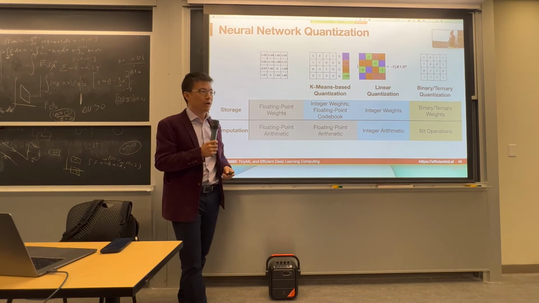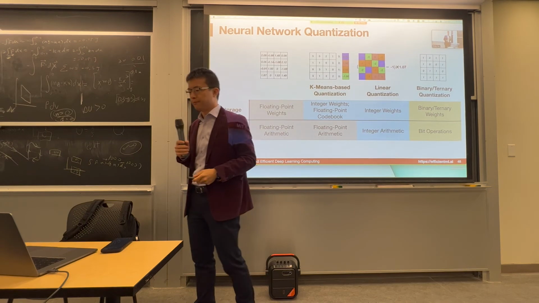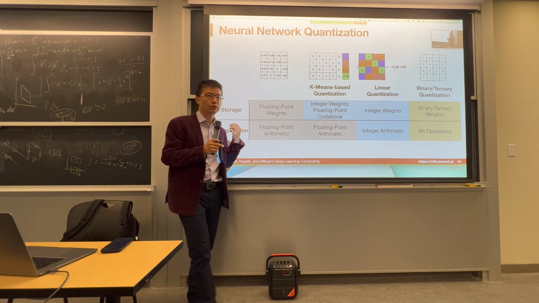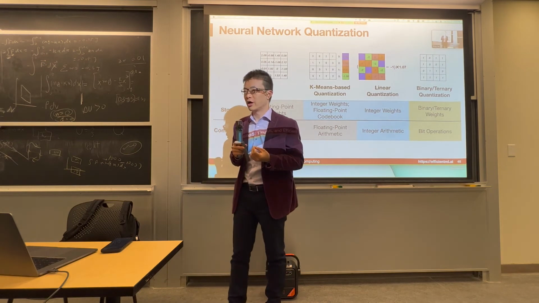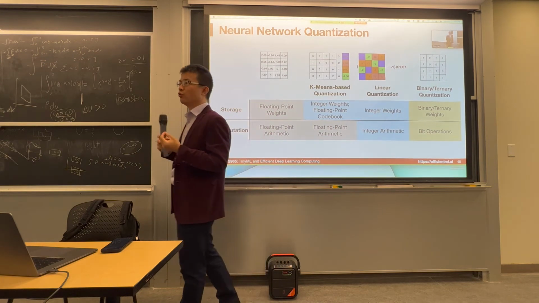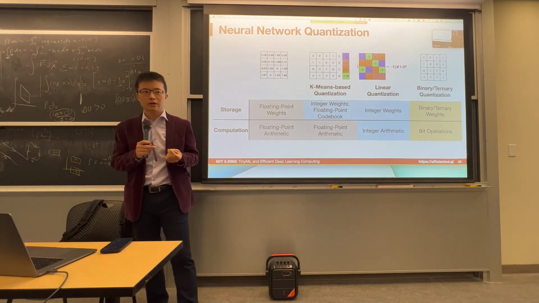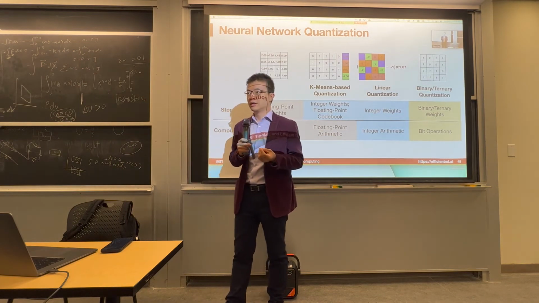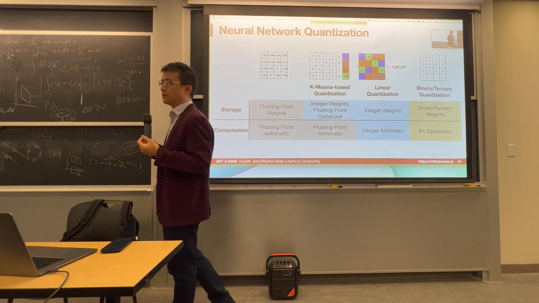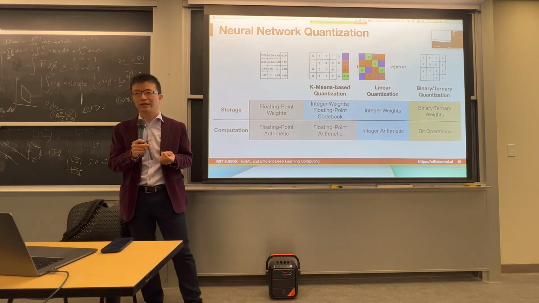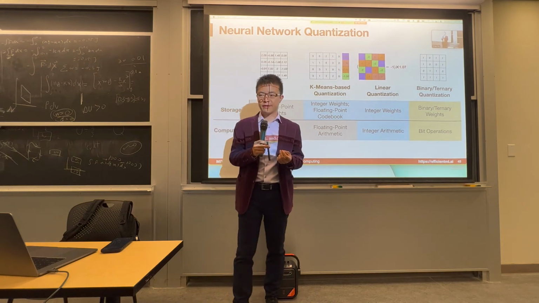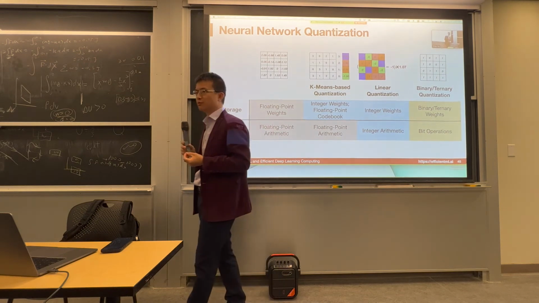But before that, I want to point out a fact: when you reduce the precision, say from 8-bit to 4-bit, you reduce the amount of storage by half. But the complexity of the multiplier is quadratic, so you reduce the computation more than the memory movement.